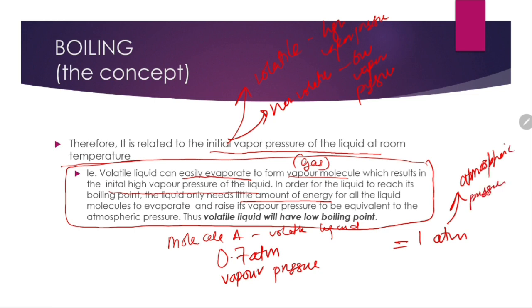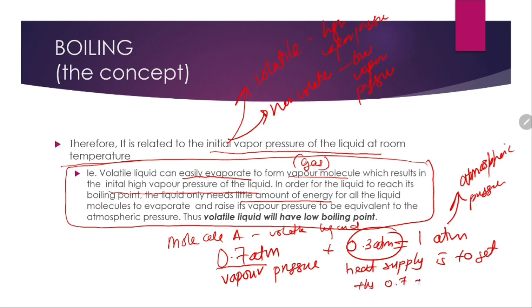So to reach from 0.7 to 1 atm, we need to add another 0.3 atm. So heat supply is to get this 0.7 plus 0.3 to 1 atm. So just a small amount of pressure change is needed, so a small amount of energy is required.